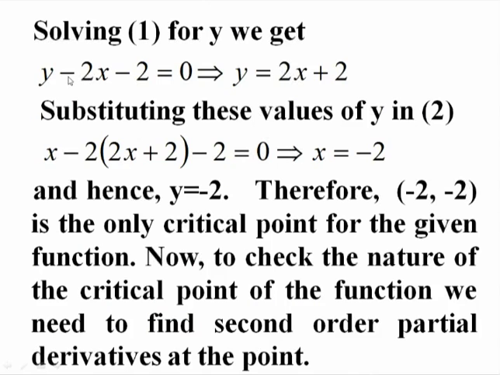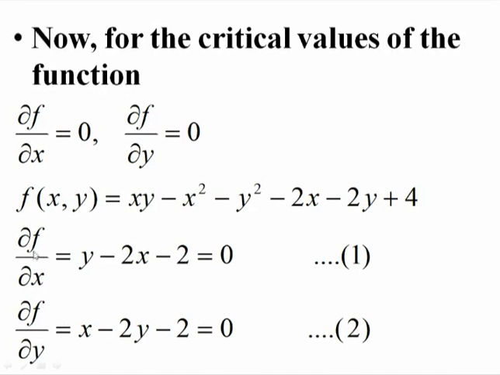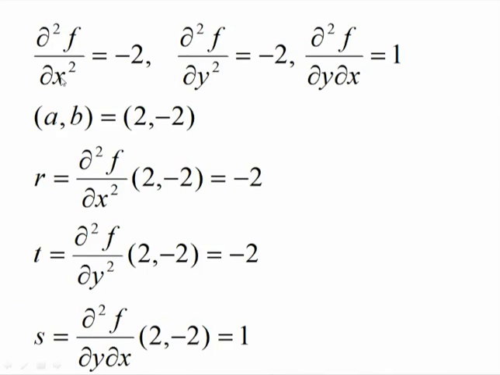The partial derivative of f with respect to x is this. If we differentiate this partially with respect to x, then this is 0, and this is minus 2. Okay, so del square f by del x square is minus 2.